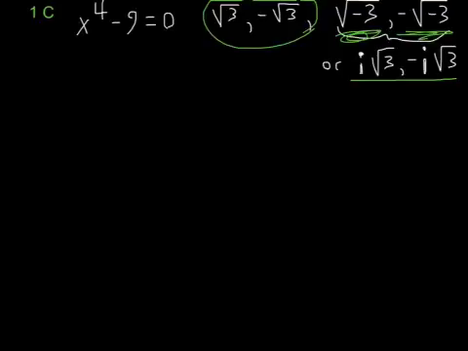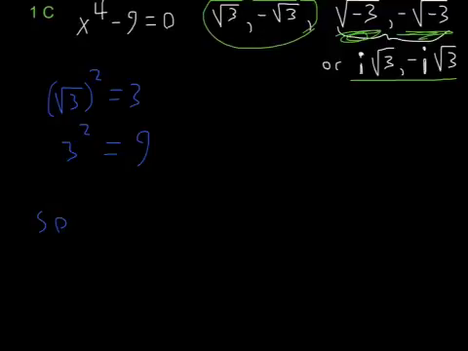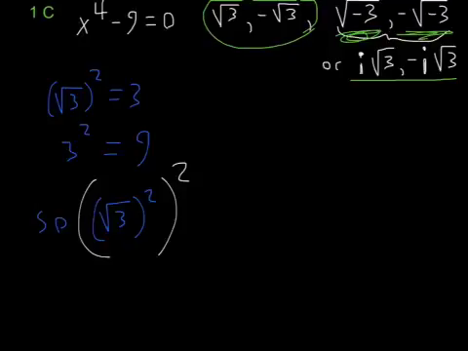Now first let's just think about this logically. Root 3 squared is 3. 3 squared is 9. So if we were to write it like this, root 3 squared squared, we're squaring it twice, that's going to be 9. Well, what is another way of representing this?